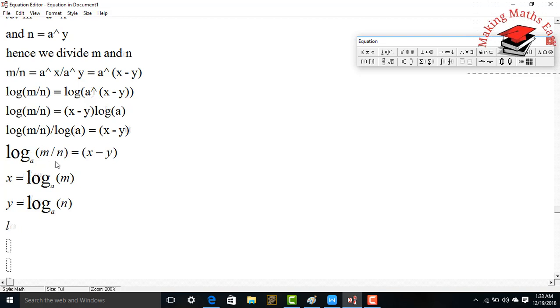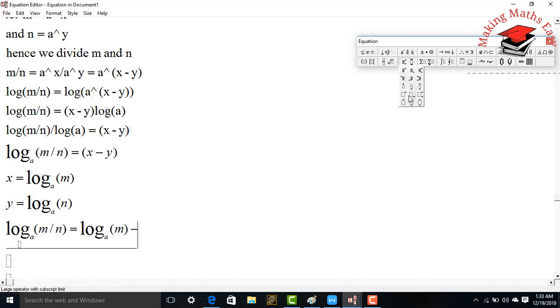If we substitute these values in the equation, we will get log of m divided by n equal to log of m base a minus log of n base a.